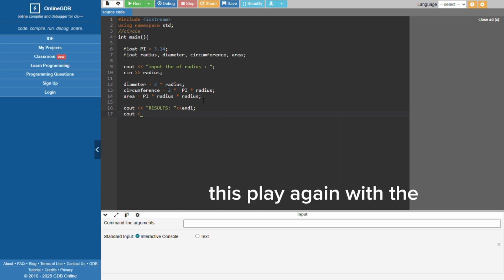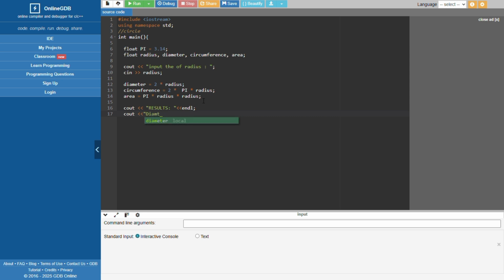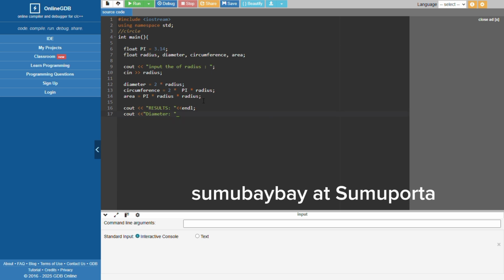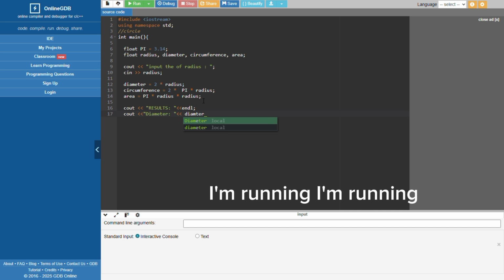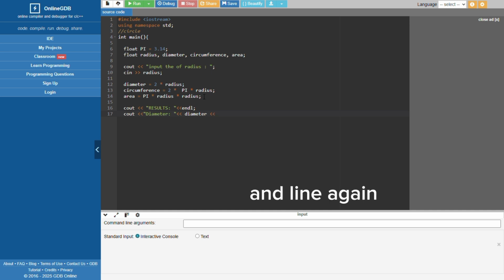We display again the diameter, and endl again.